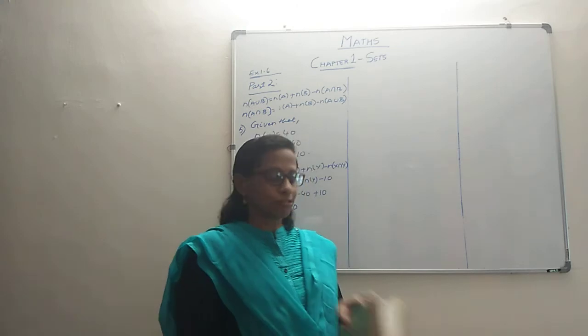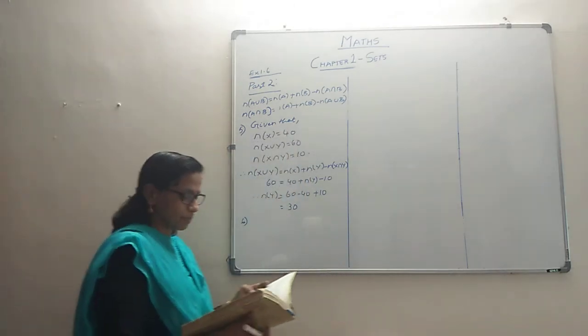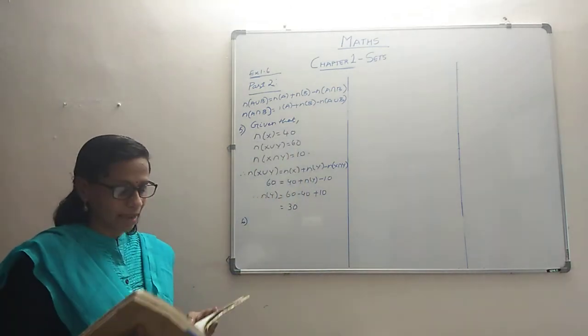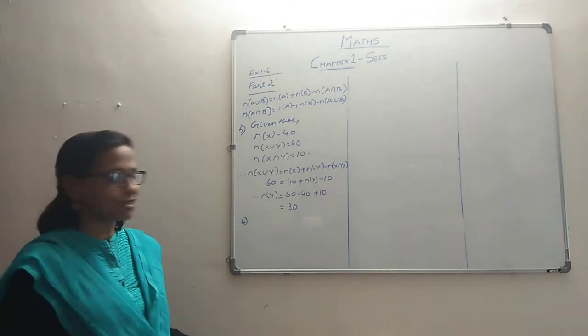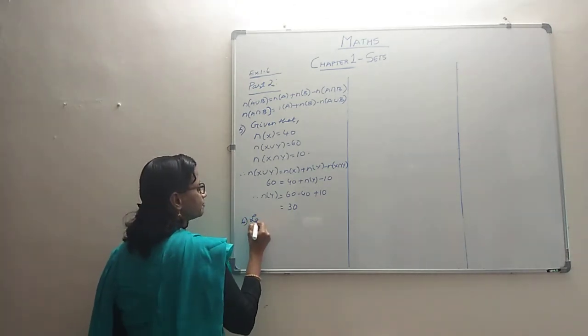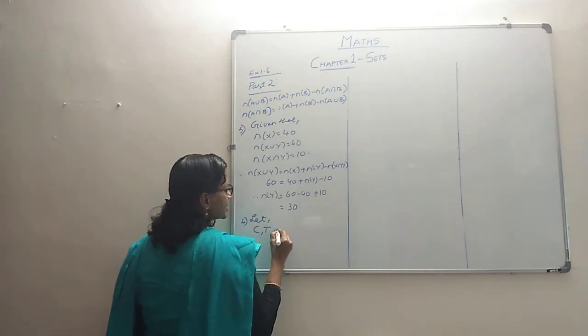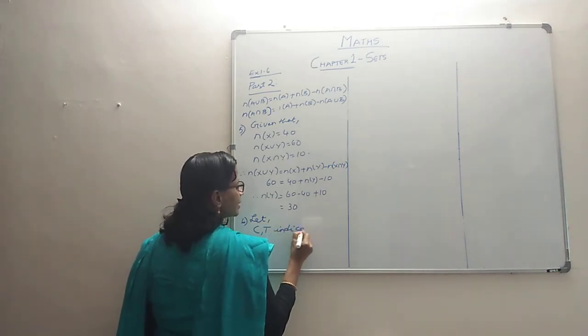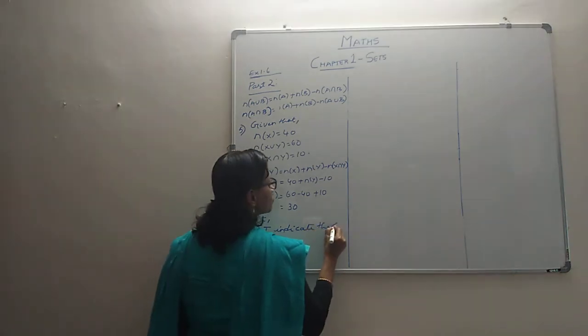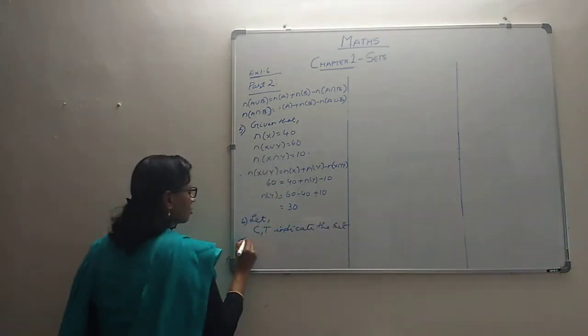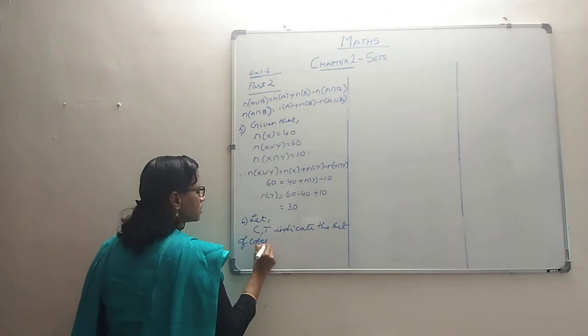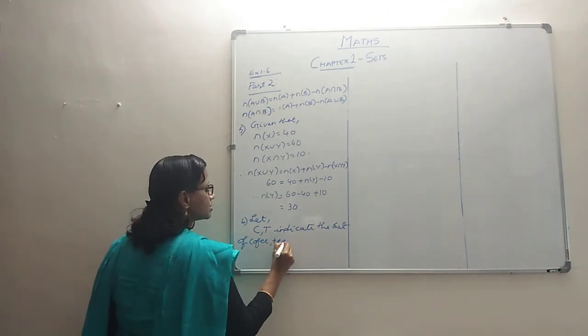It becomes easy. Because it is tea drinking and coffee drinking people, we'll take capital C and capital T. Let C, T indicate the sets of coffee drinking and tea drinking people.